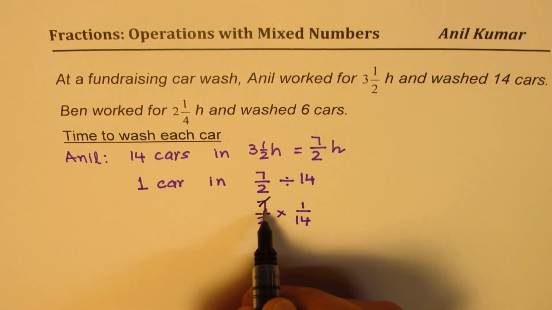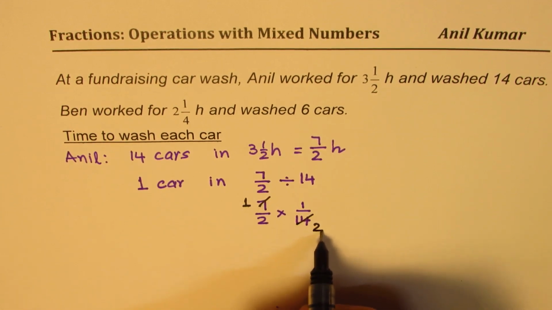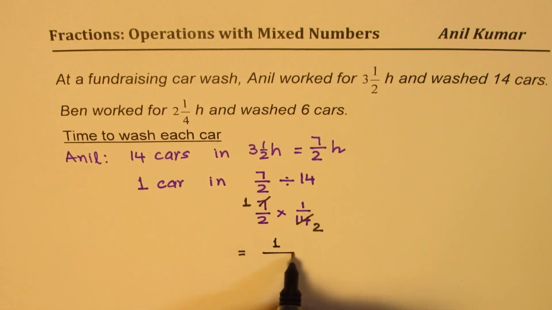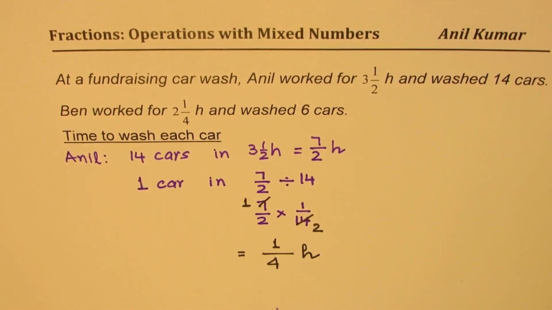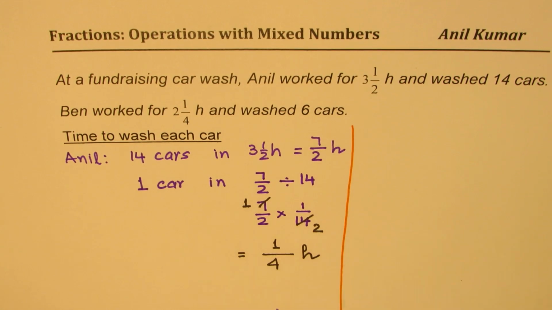So if I divide this by 7, I get 1. And if I divide this by 7, I get 2. So I could write this as 1 times 1 and 2 times 2, 4. So 1/4 of an hour. Is that clear to you? So Anil takes 1/4 of an hour to wash each car. Is that clear? So each car in 1/4 of an hour.